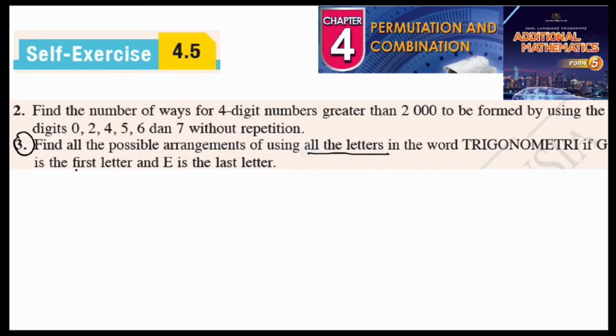Highlight the important keywords, all the letters. Using the word trigonometry, you look at the word trigonometry, it consists of many repeating letters. And then the condition is G is the first letter and E is the last letter.